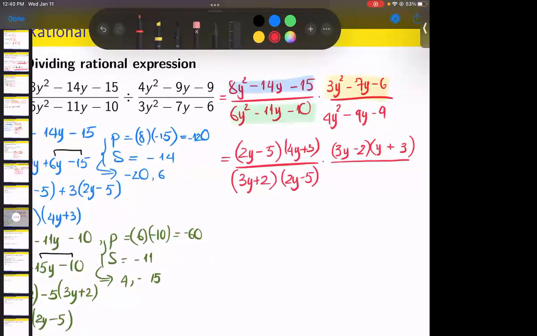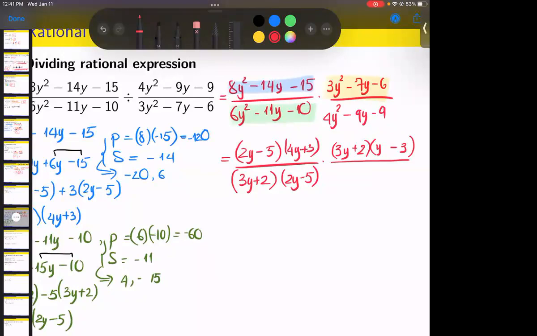Let's check. Now, for the first term and the last term, it's okay. Don't write this down, just watch. I have 3y squared, and then I have negative 6. But I need to come up with the negative 7y. I'm going to check the inner and the outer. Negative 2y, positive 9y gives me positive 7y. I need negative 7. So what do I do? I flip the sign, plus and minus.